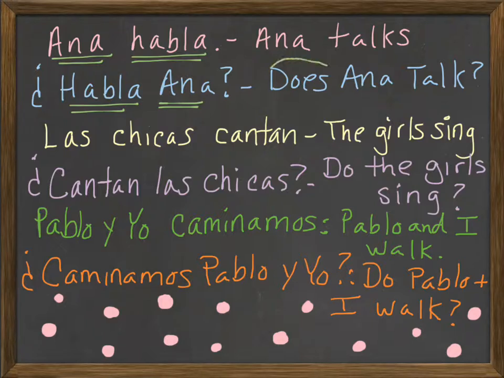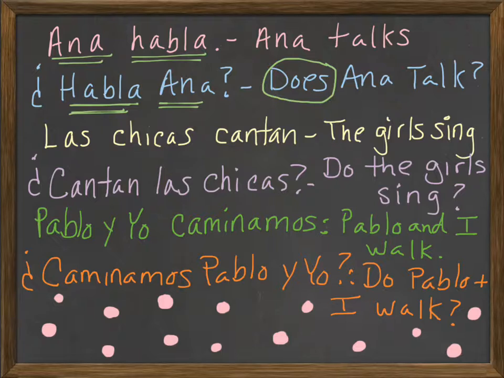Now I'm adding does when I'm translating it to English, and that's fine because that makes our English sound better and more fluent, but you don't ever translate does into Spanish. You would just say habla Ana. There is no does as a helping verb at this point in Spanish for you guys. So don't worry about do or does, but we'll get to that later. Let's get back to the examples.